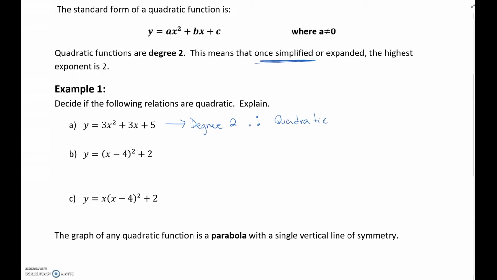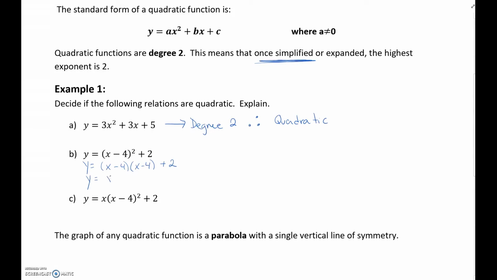Now, if we look at the second one, looks okay, but we should probably expand this, FOIL it out. So if you remember your rules for FOIL, this would become y equals x minus 4 times x minus 4, all plus 2. Multiply that out.